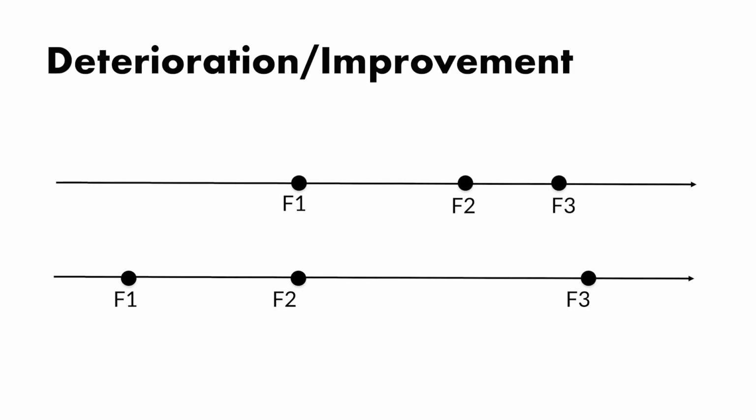As I have already said, repairable systems have failures that can have some kind of connection or dependence between them. And we can identify two specific cases of that happening. The first one is deterioration, when the time between failures tends to get shorter with time, and the other one is improvement, when the time between failures tends to increase and the system tends to have a higher performance over time.